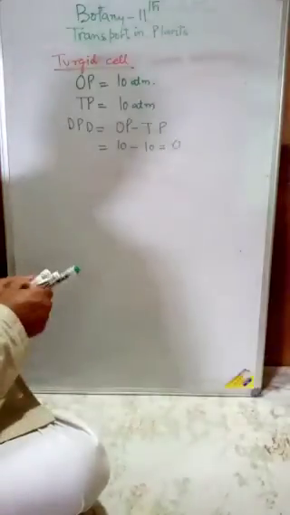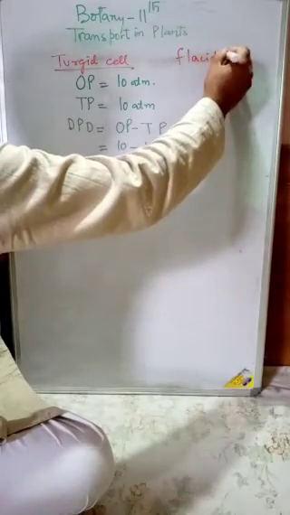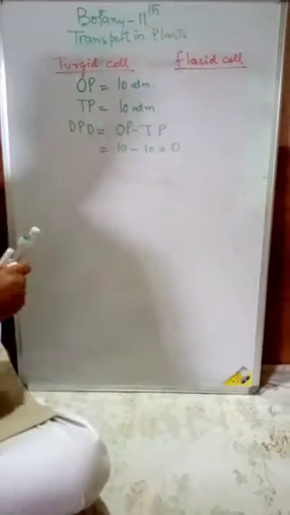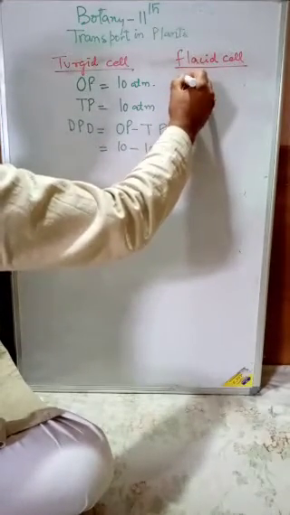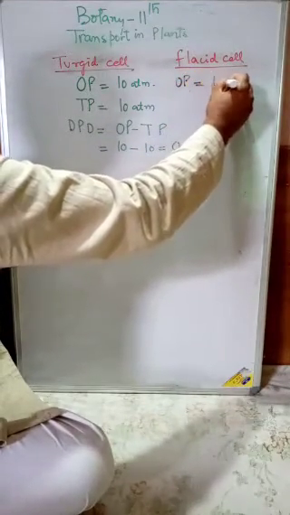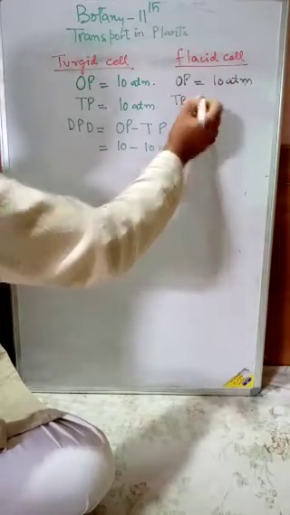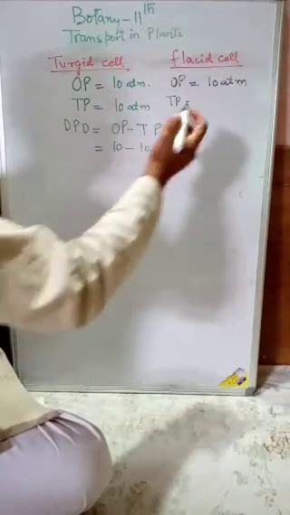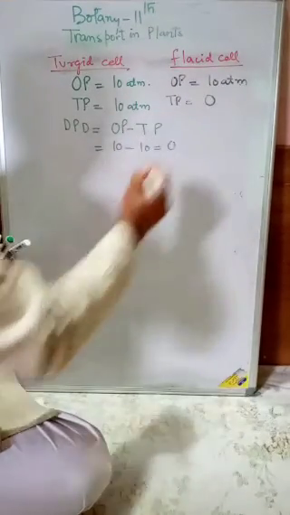Now the second condition, we have a flaccid cell, taking the same units. For example, osmotic pressure, let it be 10 atmospheric units, and since the water expels out of this flaccid cell, the turgid pressure will be equal to 0.